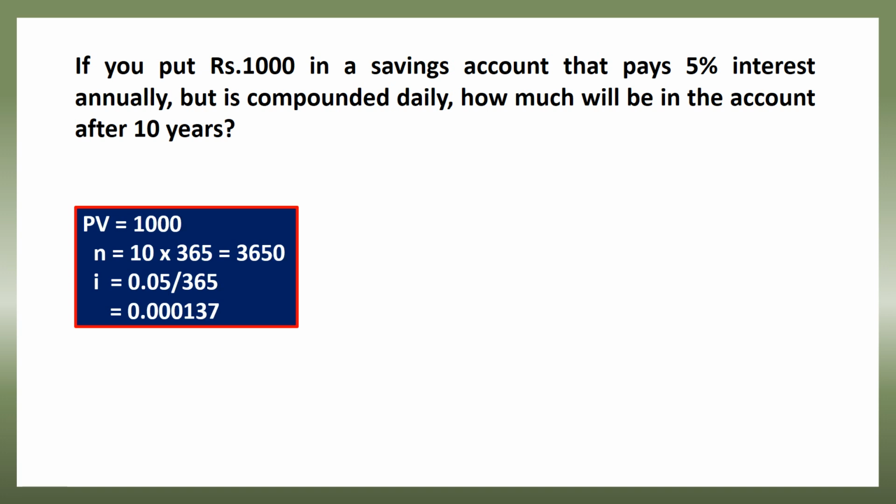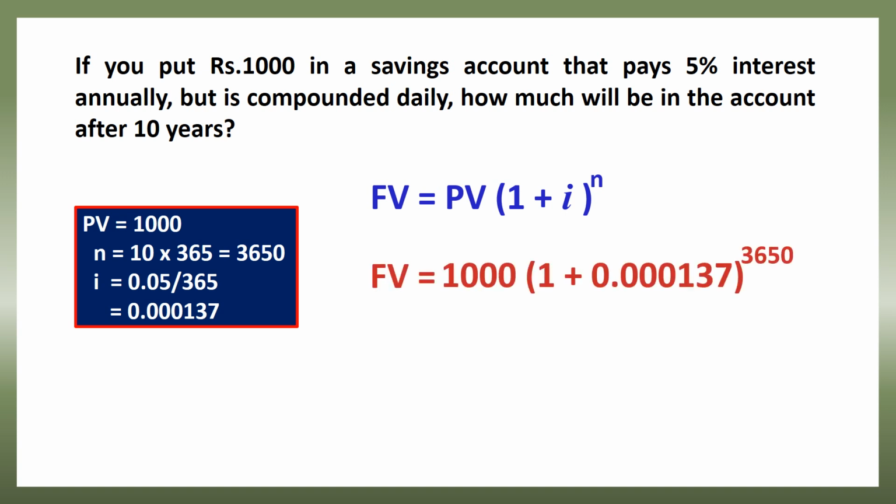Thus, we apply the formula FV is equal to PV into (1 plus i) whole raised to n. FV is to be found out. PV is 1000 and i is also given. So, 1000 into (1 plus 0.000137) whole raised to 3650.